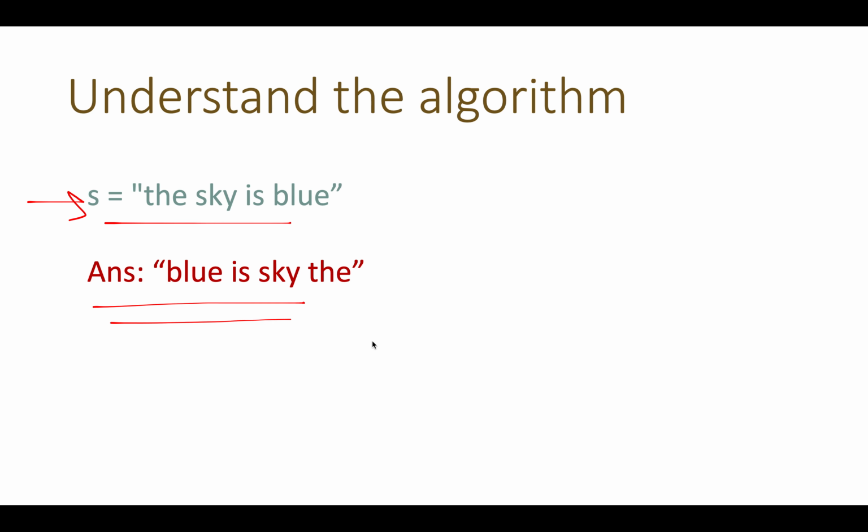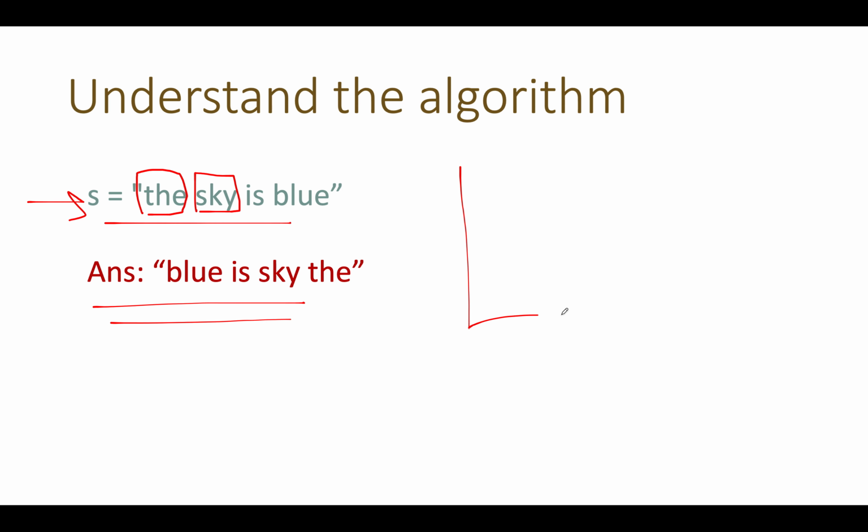Let's talk about an unoptimized way of solving this question that comes to everybody's mind, of using extra space. So what I'll do, I will extract each word one by one, and once I have those words, I'll store them in a stack or a list.